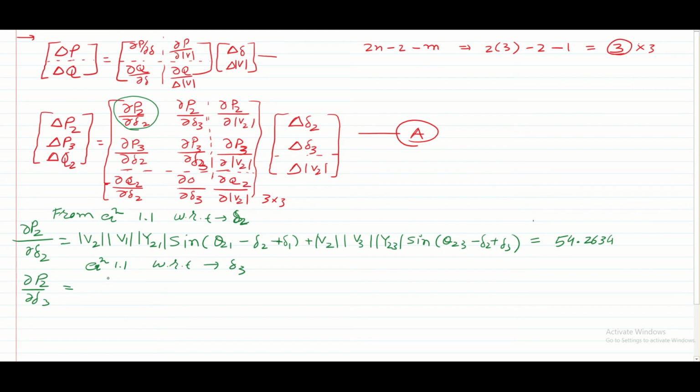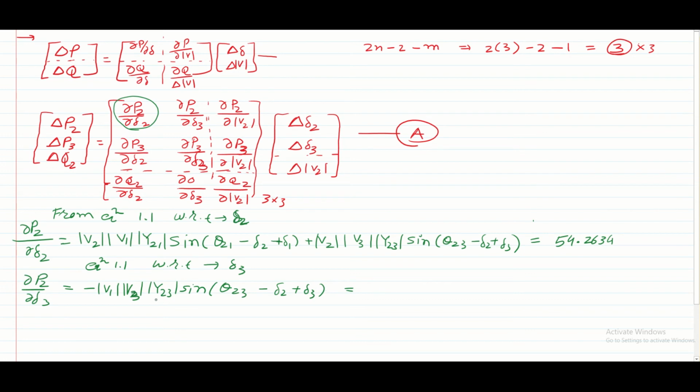So you will get the final answer like V1 V3 Y23 sine of theta 23 minus delta 2 plus delta 3.